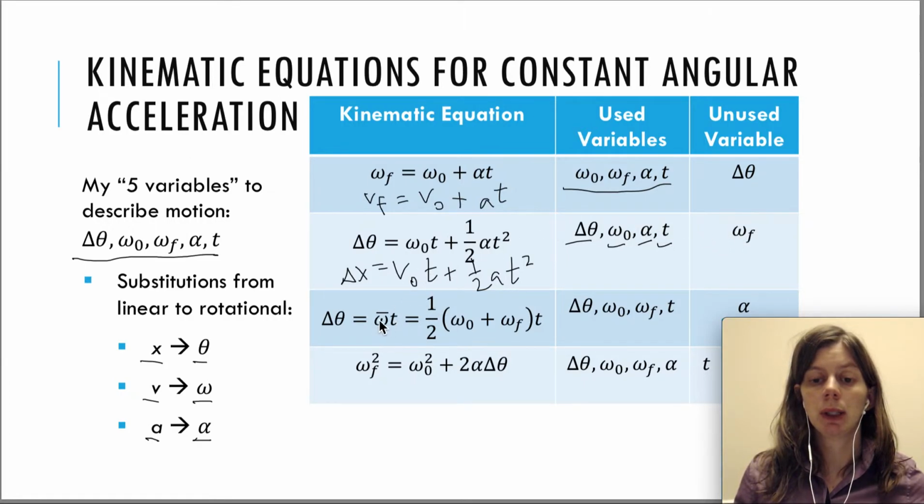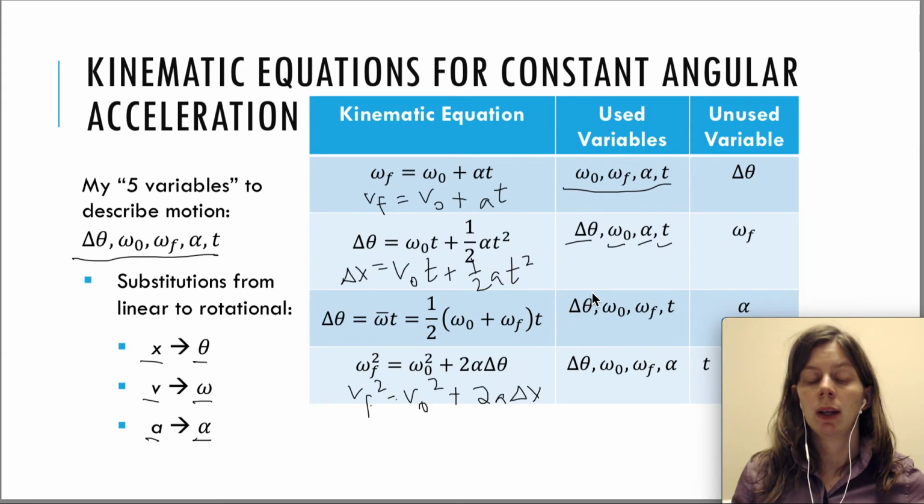And then the third equation used to be 1/2 times v initial plus v final times t. Then the 4th equation used to look like v final squared equals v initial squared plus 2a delta x. So we use this last one if we don't care about t, since t doesn't show up in this equation.